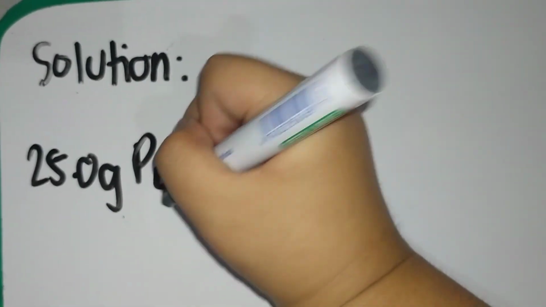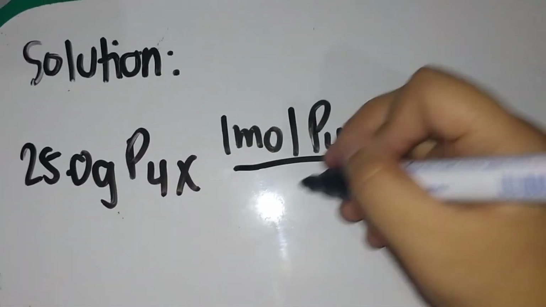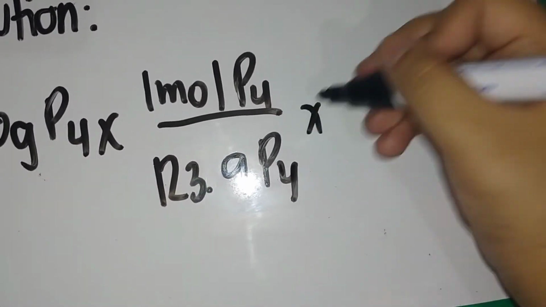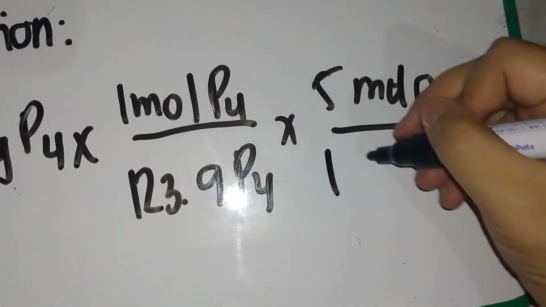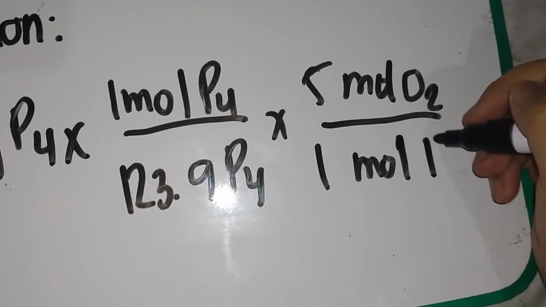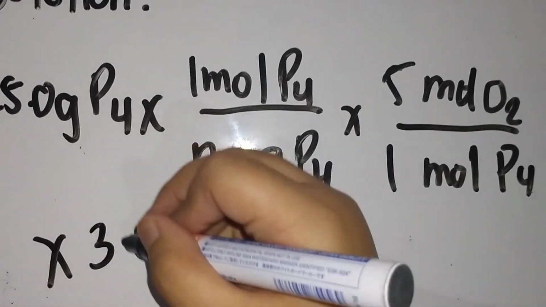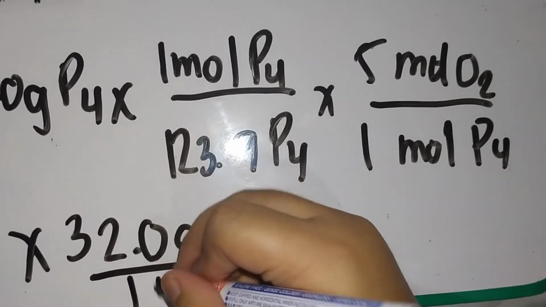Next, the amount of O2 that will react with the limiting reactant P4 is 25.0 grams P4 multiplied by 1 mole P4 divided by 123.9 grams P4, multiplied by 5 moles O2 divided by 1 mole P4, multiplied by 32.0 grams O2 divided by 1 mole O2.